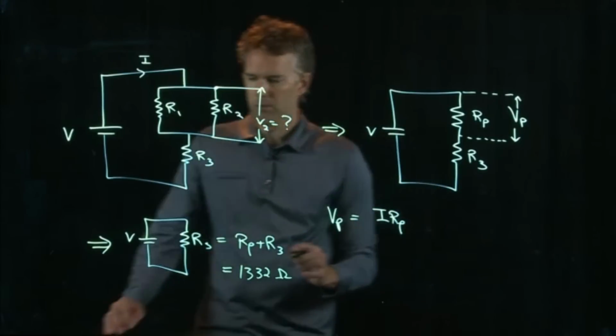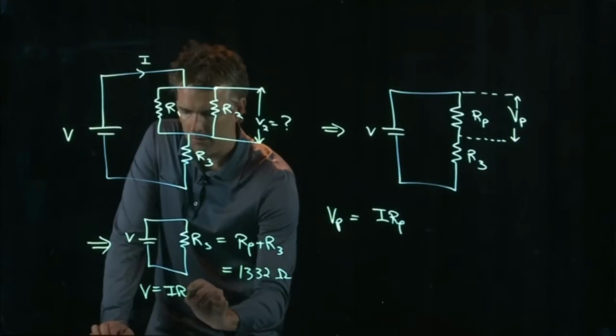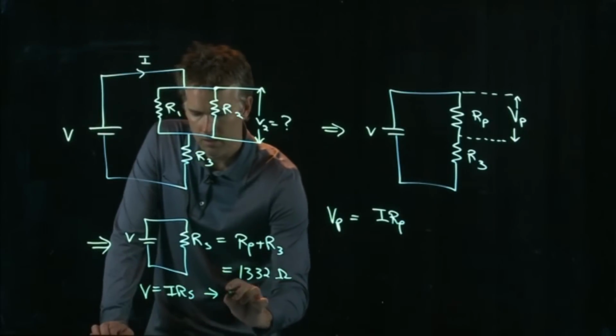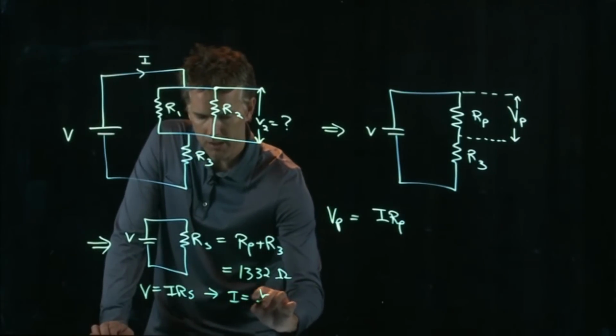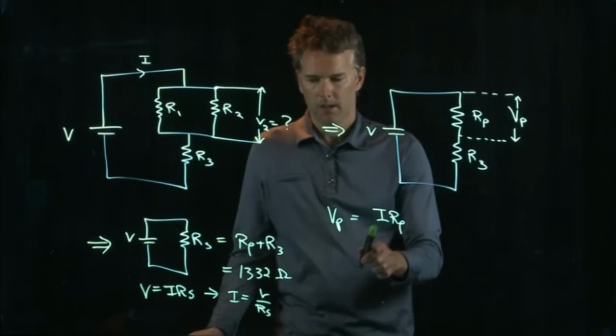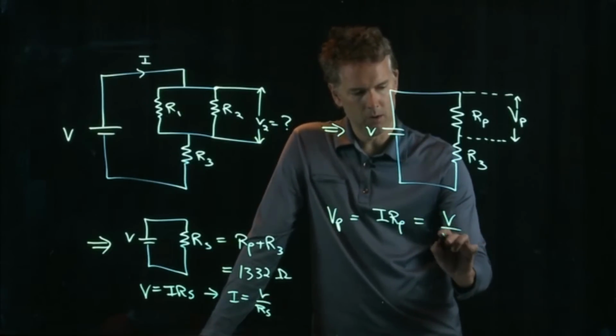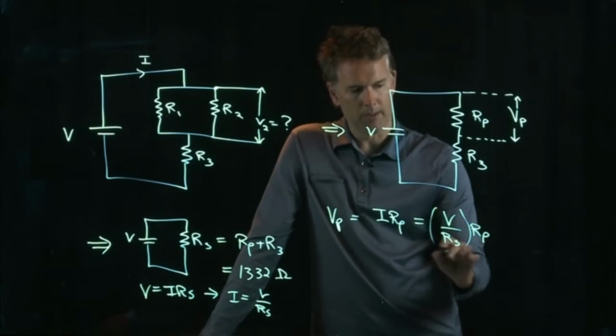And so now you know what I is, because V equals I R sub S. So I equals V over R sub S. And so look, I can plug that in right here, and I get V over R sub S, all of that times RP.